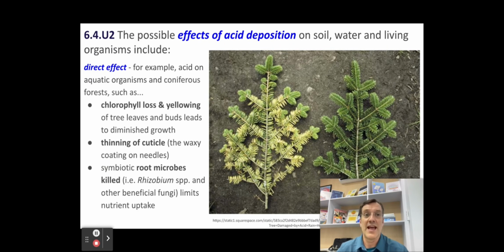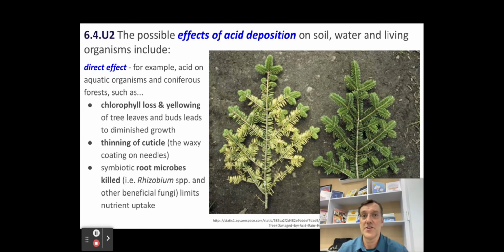Acid deposition can have harmful effects on the environment depending on the acidity level and the sensitivity of the ecosystem. There can be both direct and indirect effects on living systems. Direct effects can directly damage aquatic organisms and coniferous forests by lowering the pH of water and soil.